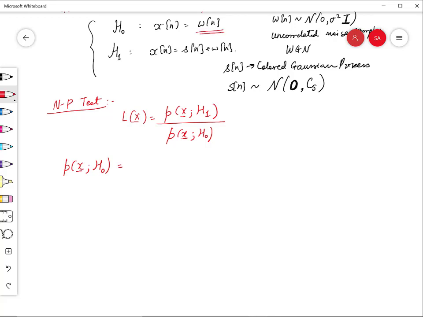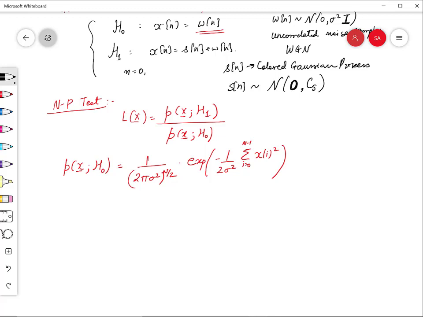It comprises just the noise, so I can directly write it as 2 pi sigma square power N by 2, times exponential of minus 1 over 2 sigma square summation xi square, i goes from 0 to capital N minus 1. Please note here that my n goes from 0, 1 to capital N minus 1. This is my likelihood for hypothesis H0.